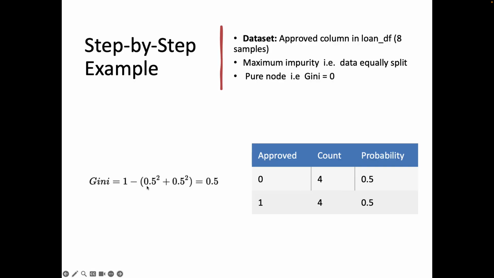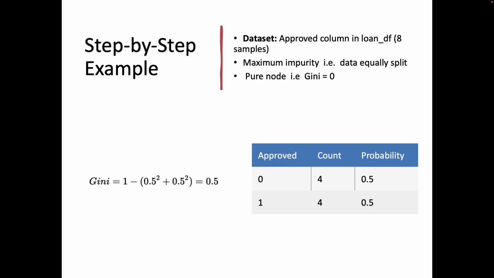We took the square of the probability, right, 0.25 here. Add them together, it is 0.5, and 1 minus 0.5 is 0.5. That's your Gini calculation, right? This is something you're supposed to do on the D-Day, right? Okay, so this is the Gini calculation.